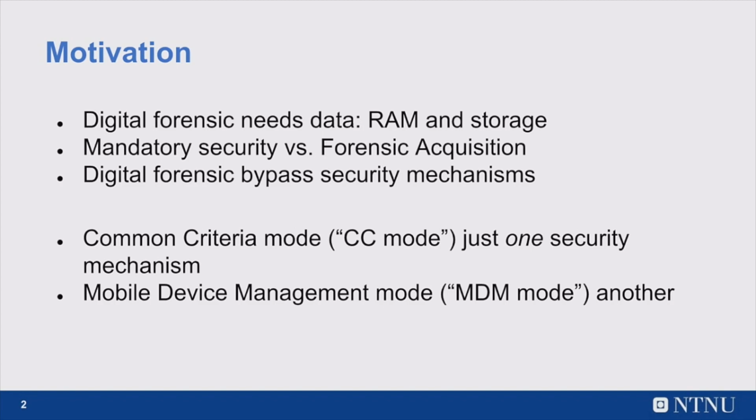So this is just a case study of a Samsung mobile phone. There's no particular reason for choosing that phone. It's just to see examples of how we can try to get past some of the security mechanisms that prevent acquisition. The mandatory security of Samsung phones includes, among other things, mandatory encryption of user data.